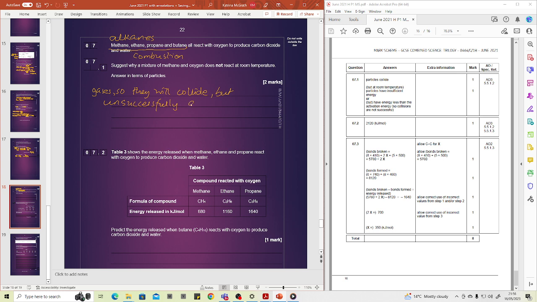At room temperature, the particles do not have the activation energy, so have less than the activation energy is the best way to put it.